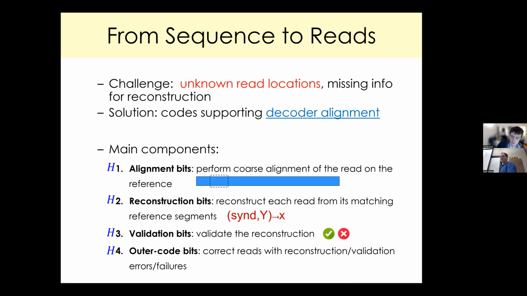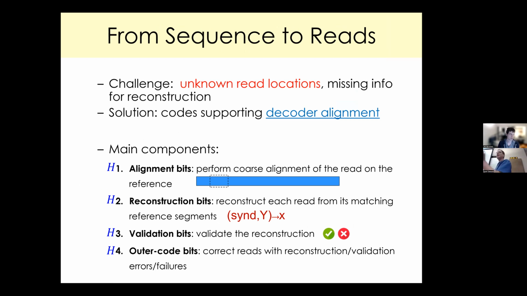Okay, so what are the components of our scheme? We have 4 steps that we need to do in order to get a reliable reconstruction. These steps refer to the decoder. The first thing the decoder has to do is alignment. When I say alignment, I mean to slide something, not the read itself, because we don't have it yet, but something that we'll explain later, about the full reference sequence, looking for matches, for positions that are useful for the reconstruction, which is the next step.